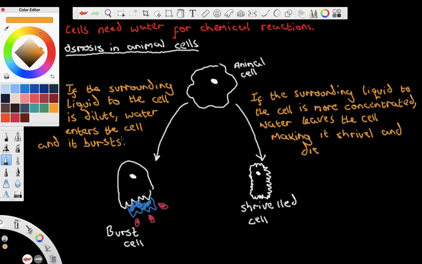So if water leaves an animal cell, it will start to shrivel and die. However, if too much water enters an animal cell, it will fill up so much that it will burst.